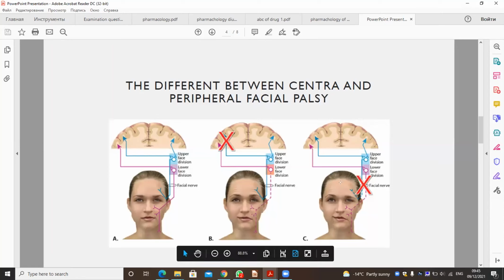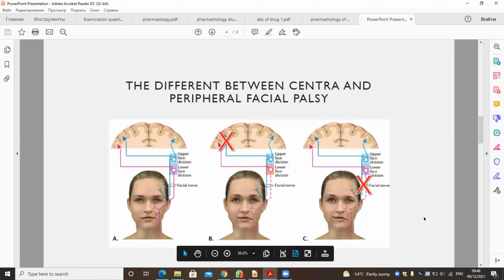There is no sensation, there is no expression. They can't move their frontal muscles or the mandibular and zygomatic regions, and we have a drop of the eyelid and of the mouth also. This is the peripheral type, but in the central type it is just the lower part of the face. So this is the difference.